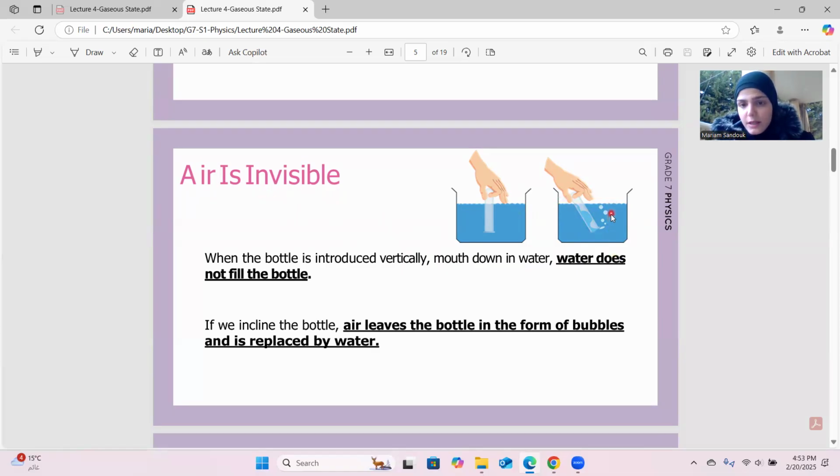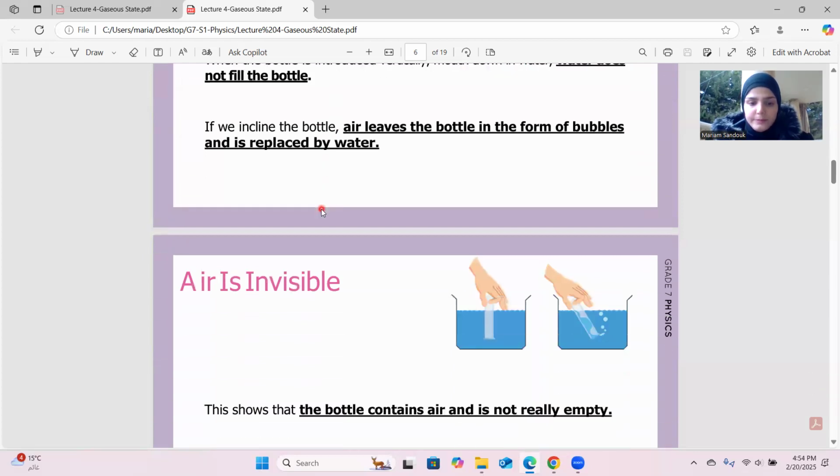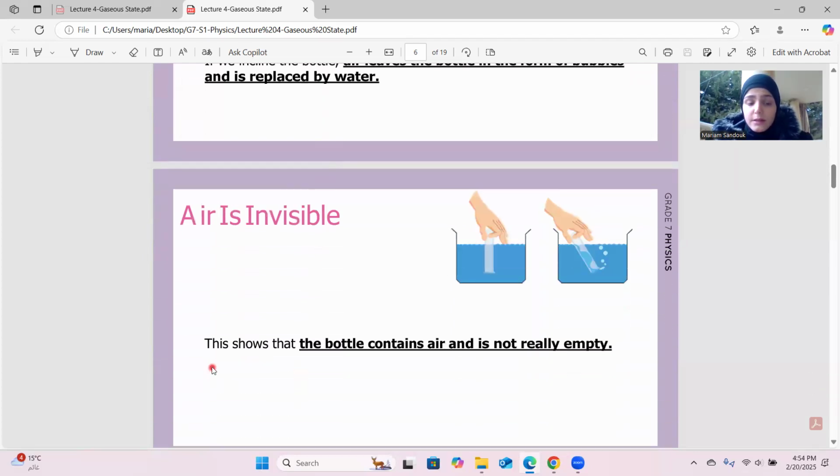So when air leaves, it leaves as a form of bubbles, and water fills the small beaker. So we can distinguish from this experiment that gases in general are invisible, and in this case, particularly air is invisible. Okay, as I said before, this shows that the bottle contains air and is not really empty.